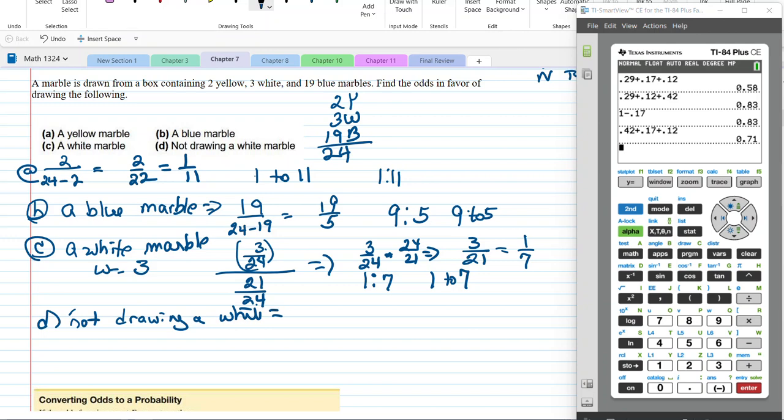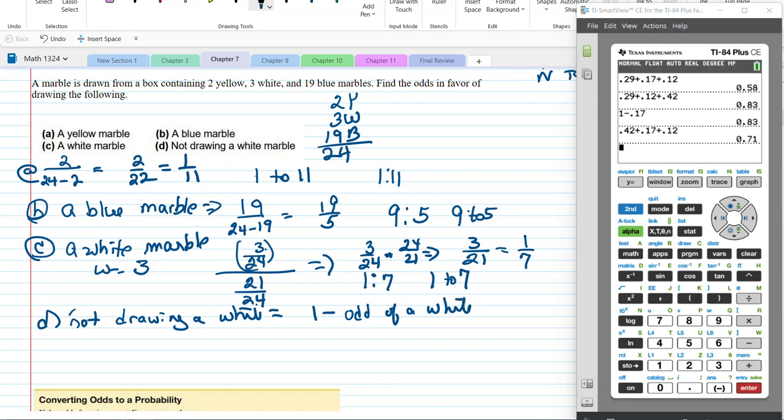Well, not drawing a white means that we would do one minus the odds of a white.